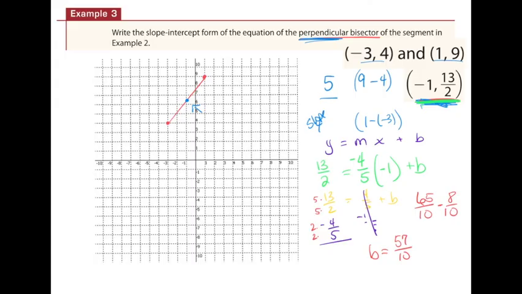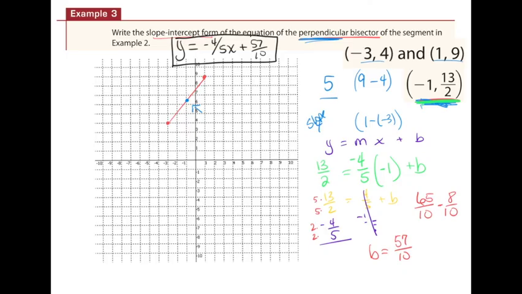Am I done? They want the slope-intercept form of the equation. No. I have my m and I have my b, but what do I need to do to those two? I need to plug them in. My slope-intercept form of this equation is going to be y equals, what was my m? Negative 4 over 5 x plus what was my b? A hideous 57 over 10, right?